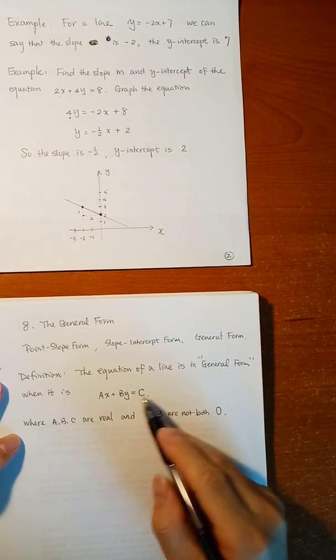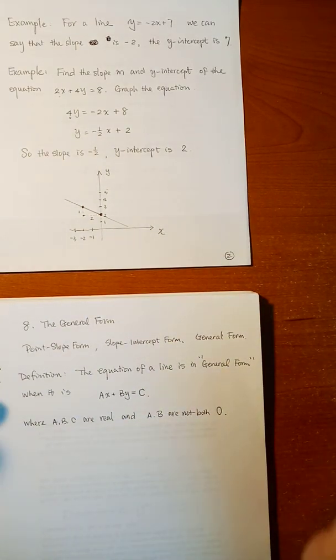Technically, if a, b are both 0, c is 0. It's nothing. It's not interesting at all.